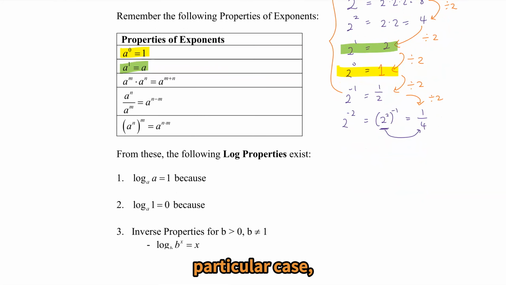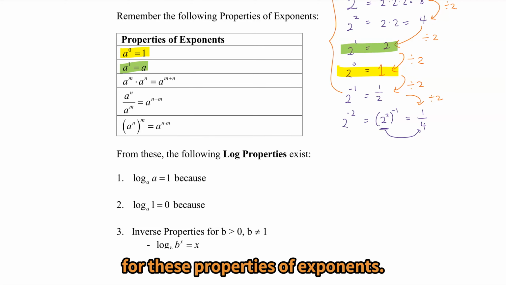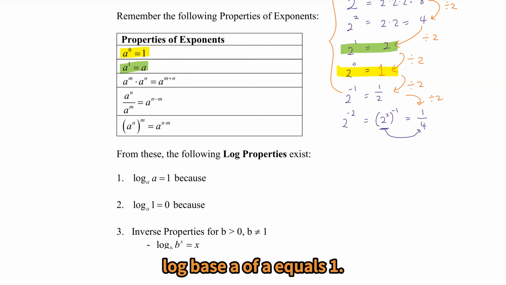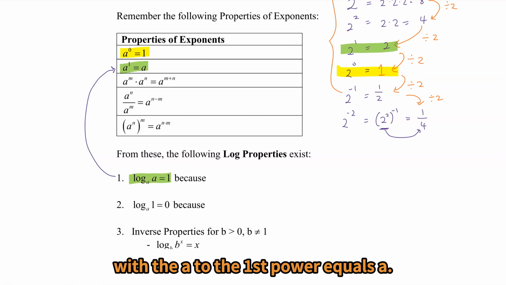And for this particular case, I have associated logarithm properties for these properties of exponents. The first two that we're going to talk about, log base a of a equals 1. So this first one actually connects with the a to the first power equals a.